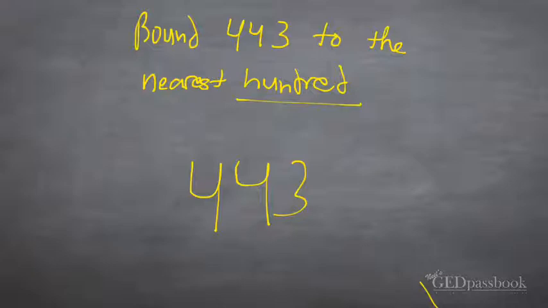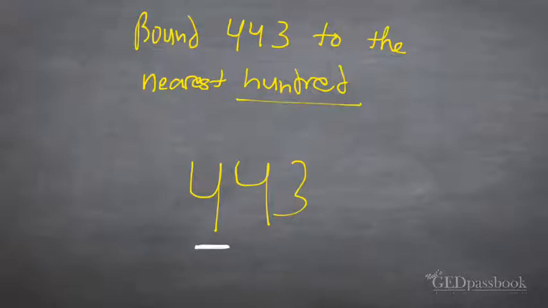443. Whenever they tell you to round to the nearest whatever, in this example, 100, go to that place value. So 443. What is the hundreds place? 4. Which 4? The third one. This one, right?